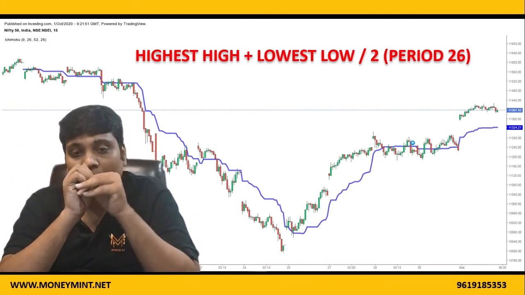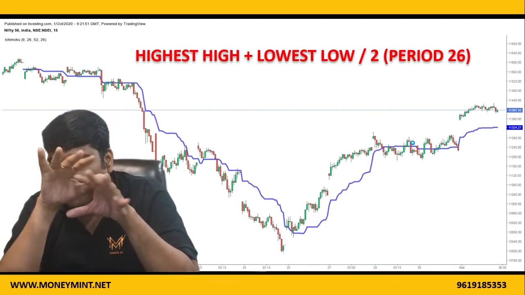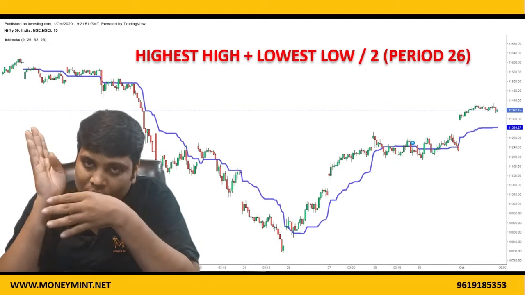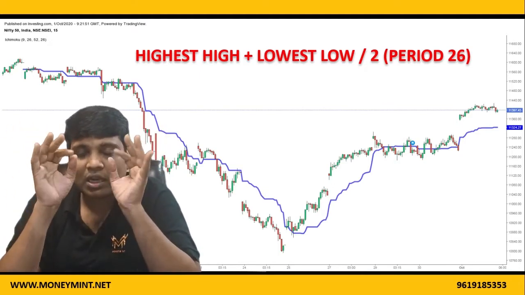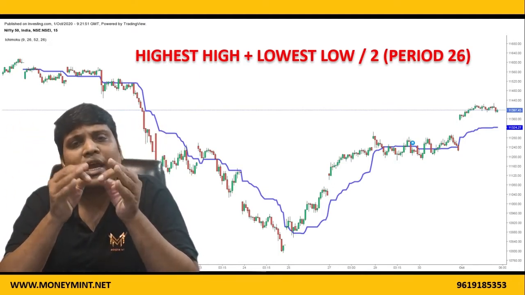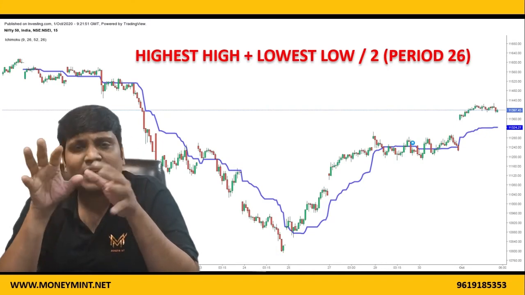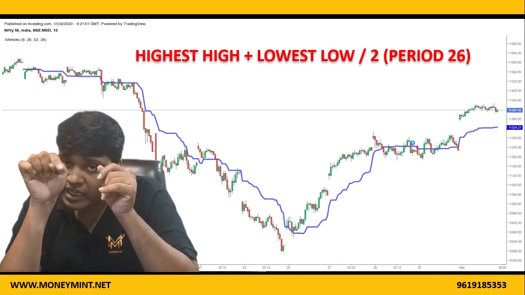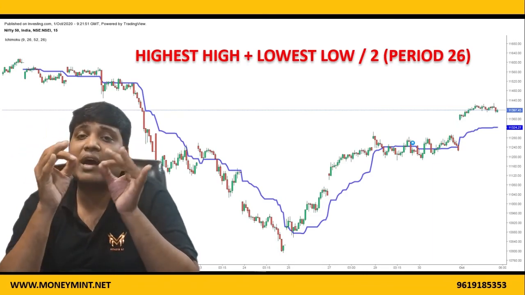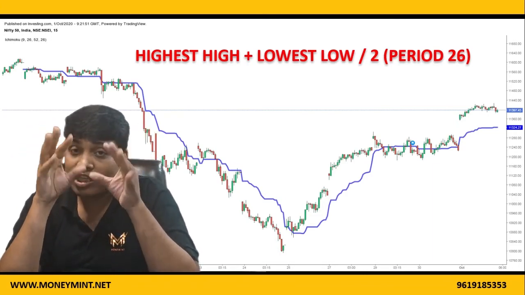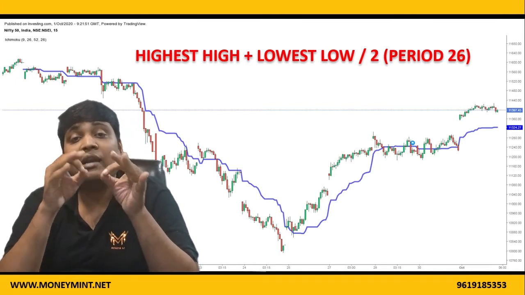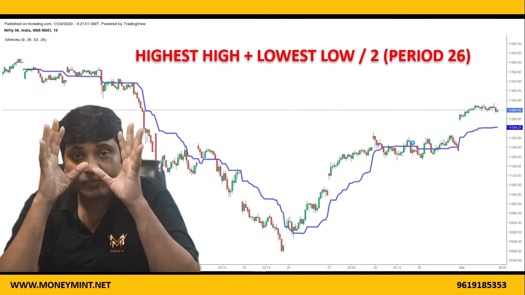When you see the blue line, you will again find a plateau-like structure, a river moving towards south, a plateau-like structure. Always remember, the moment you get a plateau-like structure, that means there is a congestion or a retracement. After that, whichever side the slope turns, that is the direction the market will take. If you understand all this minutely, it will help you in taking the trade.